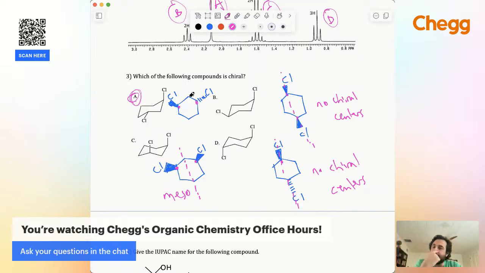So this has an enantiomer, which is the mirror image of it, which is not the same. If you put the dash here and the wedge there, that actually is a different molecule. Structurally the same, but in terms of stereochemistry, it's the enantiomer, the mirror image. So A is the chiral one.